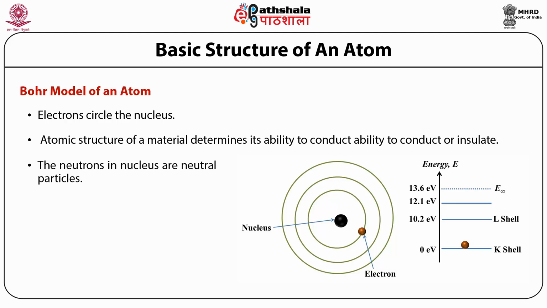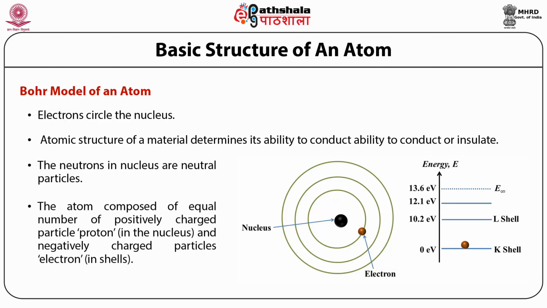The neutrons in the nucleus are neutral particles, hence the atom is composed of an equal number of positively charged particles, that is protons, in the nucleus and negatively charged particles, that is electrons, in shells. So the atom remains neutral from outside.